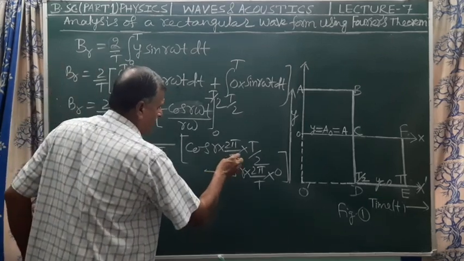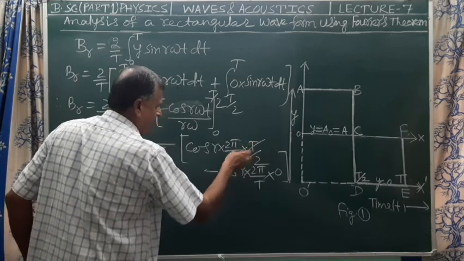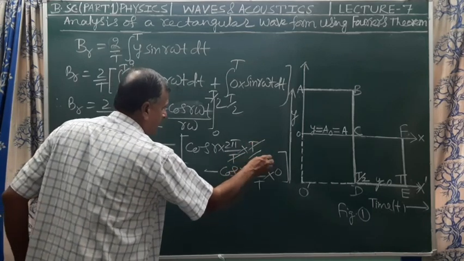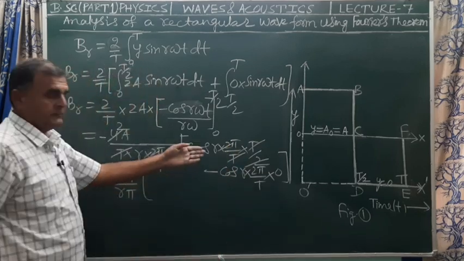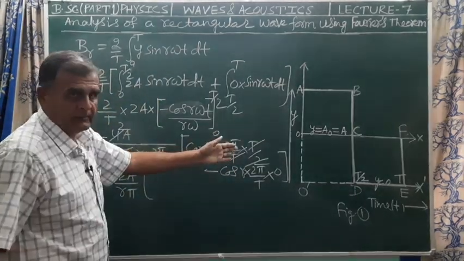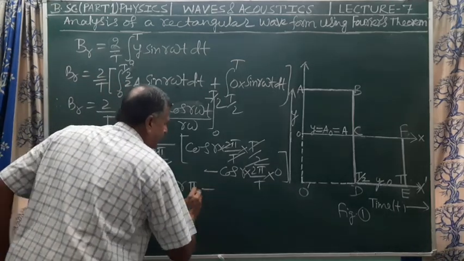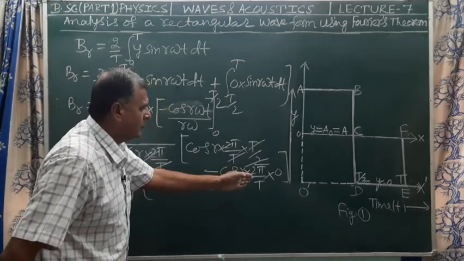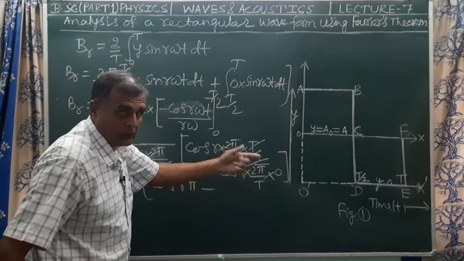Inside the bracket, in the first term, capital T and capital T in the numerator and denominator will cancel out. 2 and 2 will also cancel out. So the first term inside the bracket is cos r pi, minus the second term, cos r into 2 pi by T into 0. So it is cos 0, and cos 0 is equal to 1.